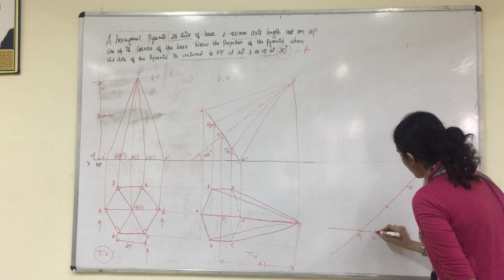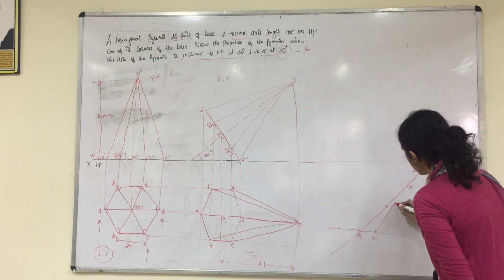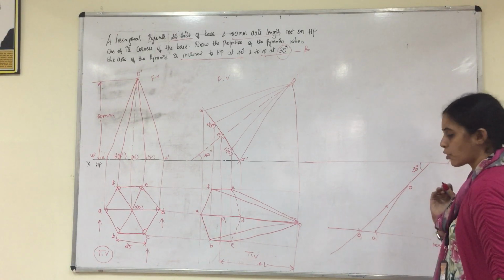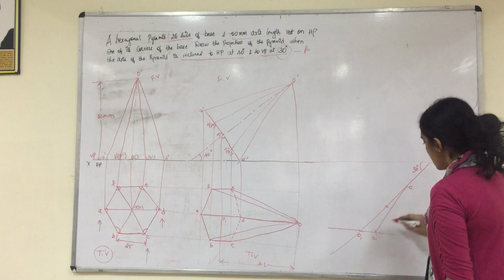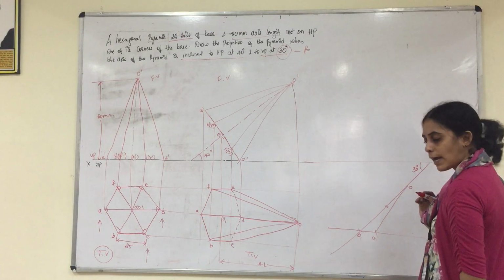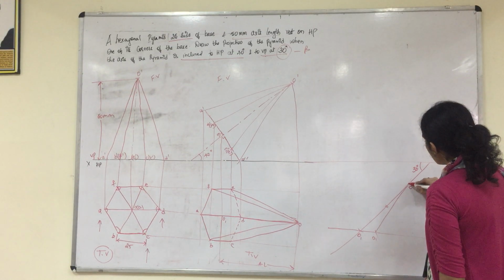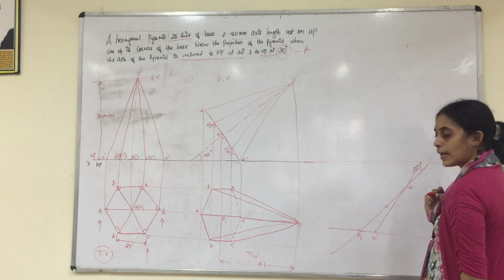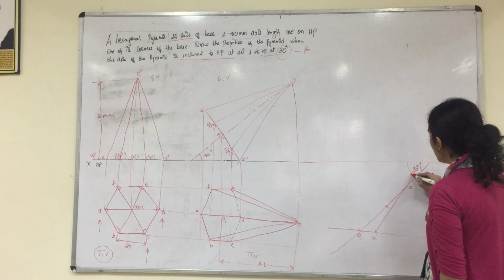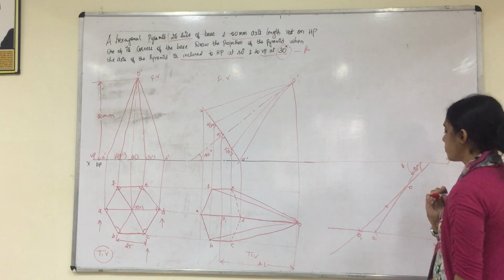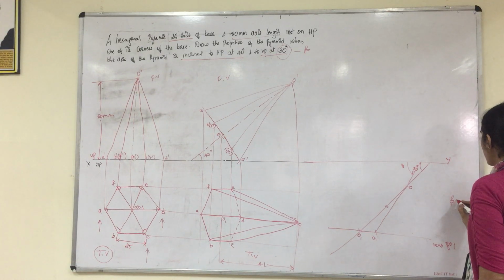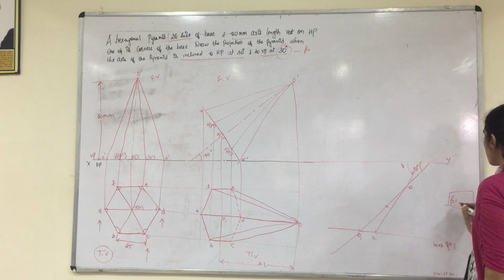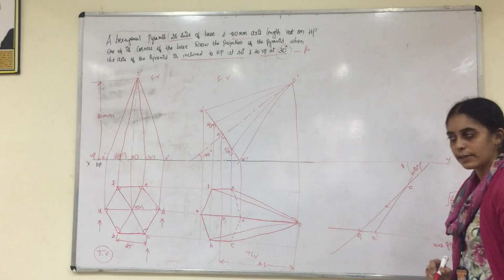So from O1 to O you join. So this is the apparent length. So once you get the apparent length of the axis, you will extend that to our XY line. So this angle will be nothing but our beta. So what angle you are getting, you please write within a box and show its value.